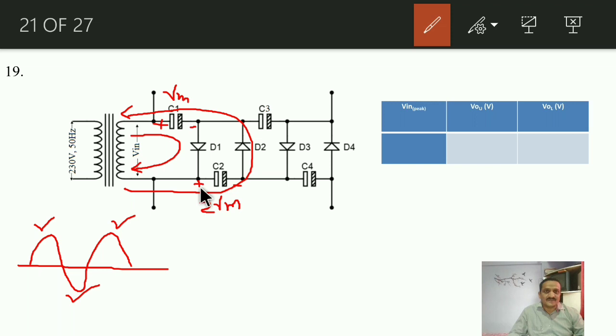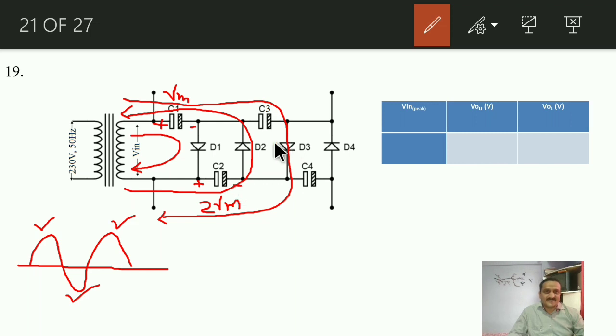Why? Because the energy stored by capacitor C2 has the polarity as shown, plus over here, minus over here. That means the cathode of this diode D1 is at plus twice of Vm, while its anode is at maximum plus Vm coming from input, right? That's why it will remain reverse bias. Now the current will get diverted through diode D3 like this. See why diode D3 will conduct over here: because its cathode terminal is at minus twice of Vm.